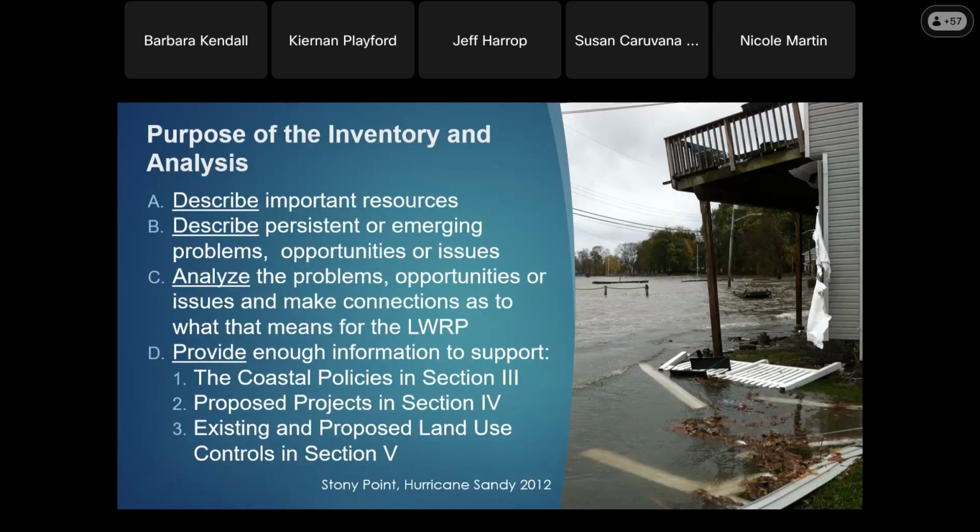It will be used to determine opportunities and constraints as they relate to the community's vision and goals. The information in this section informs the development of sections 3, 4, and 5. Broad topic areas for the inventory analysis are set forth in the grant work plan.